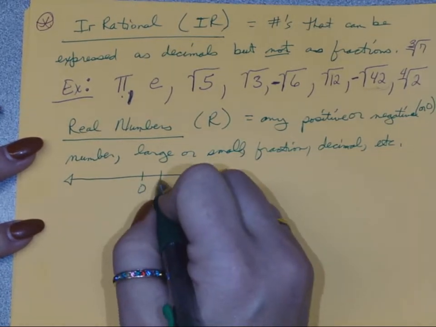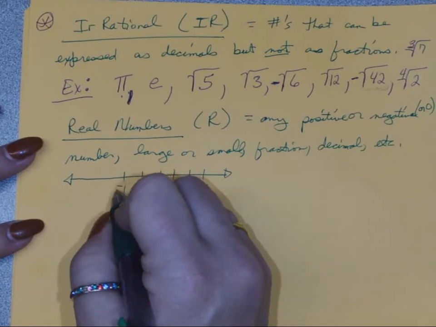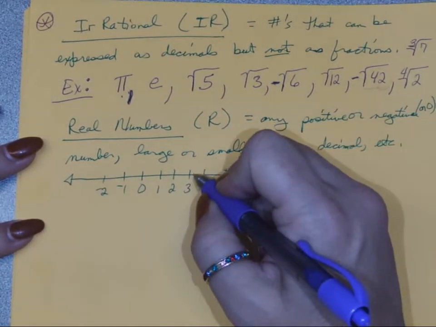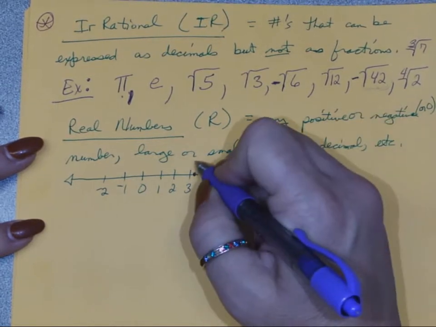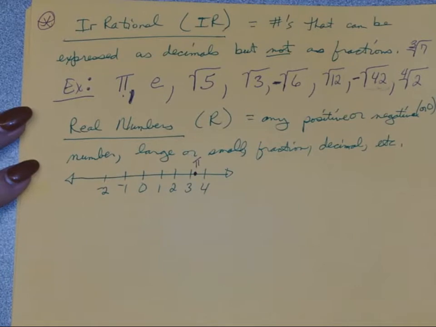0's in the middle, 1's out here, 2's out here, 3's out here, 4's out here, -1, -2, and so on. But also in here, like I could put a point right here on my number line and say that represents pi. Now I know it's not exactly pi, right? But it represents pi.